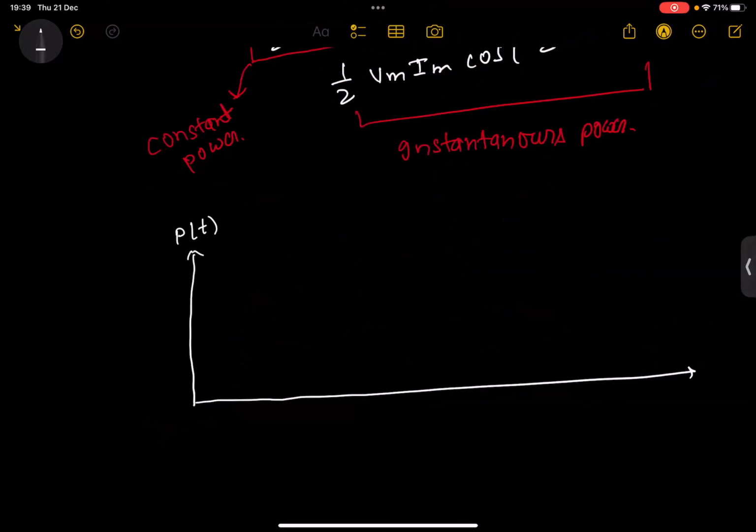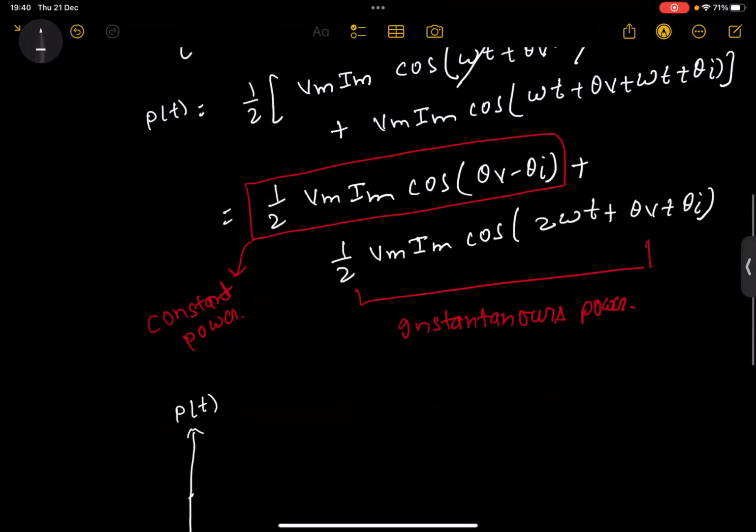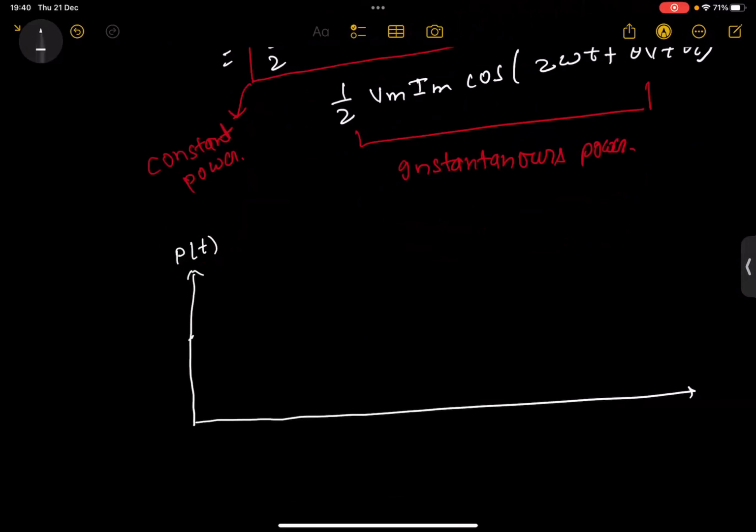Cos starts from the peak, but here the cos angle is shifted by minus theta V, so the graph starts from back and goes like this.